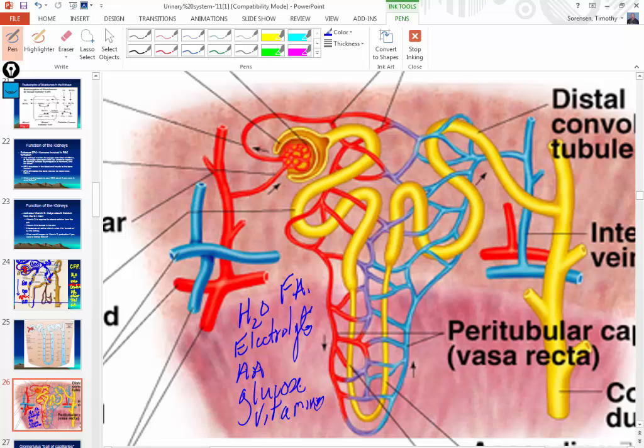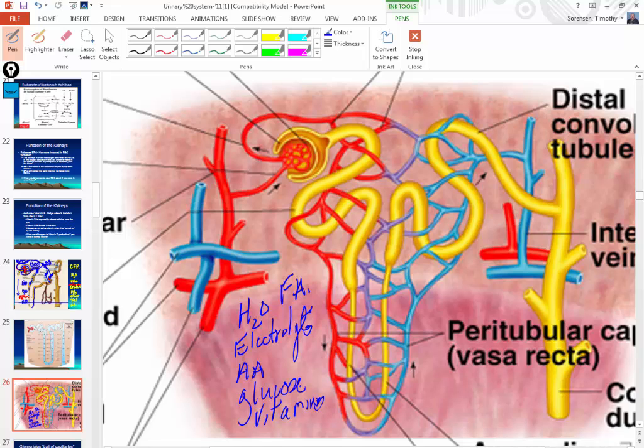Stuff that's small enough to get through the glomerulus. That's basically the small particles in the plasma and the water in the plasma. Are you following me so far?